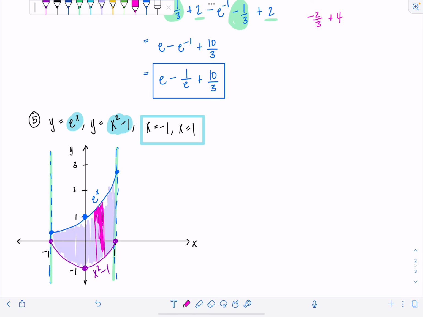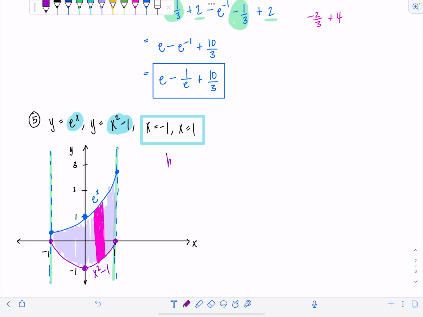Okay, so how do we find the height of the rectangle? Top minus bottom. You guys, all of these bounded areas should not be negative, okay? When you find an area under one curve in reference to the x-axis, it could be positive or negative, right? It's signed area, but these are between curves. It's not going to be negative. If you get a negative, you did it wrong.